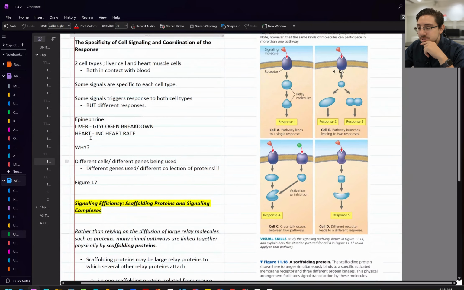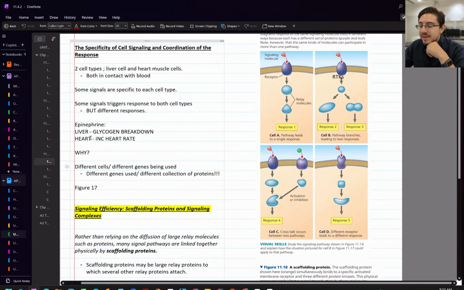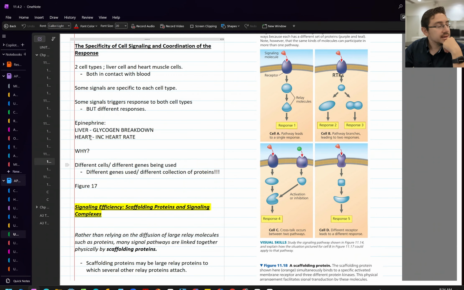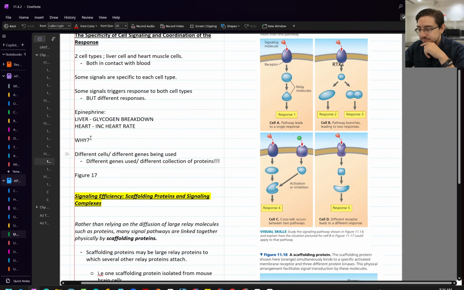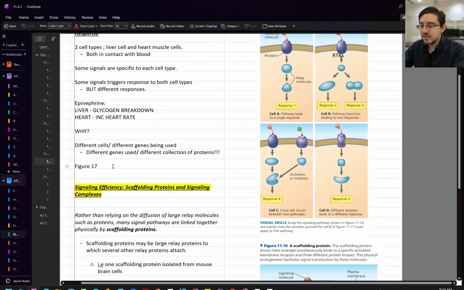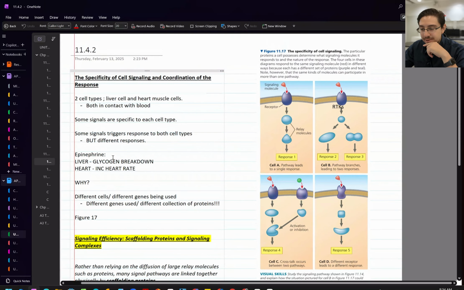So this can elicit different responses depending on the proteins that you have and the genes that you're turning on. So different genes can be used, different collection of proteins, different signaling cascades. It all depends on what you have in the cell.